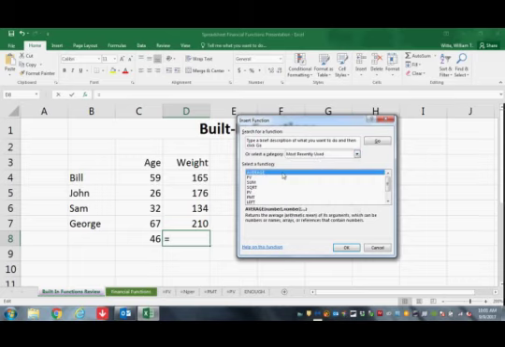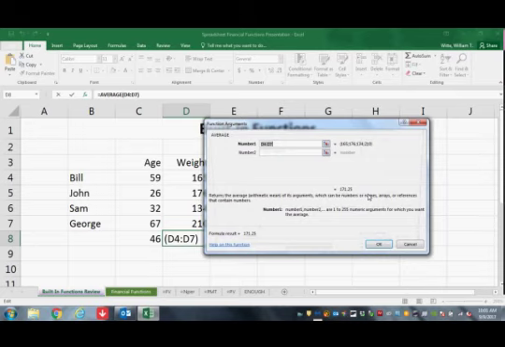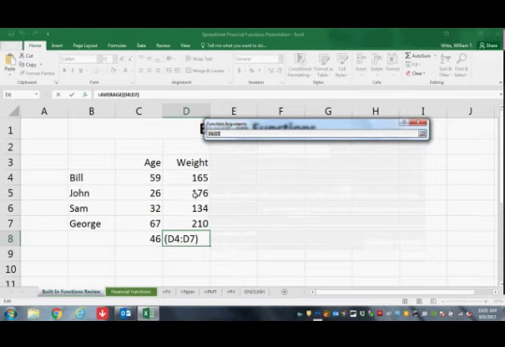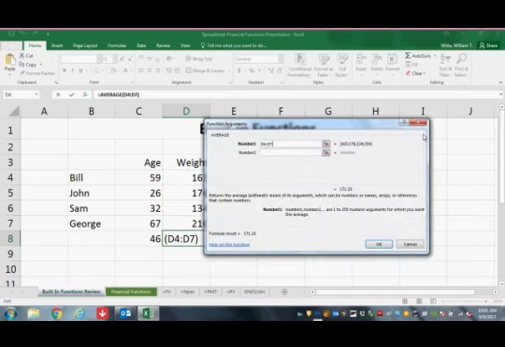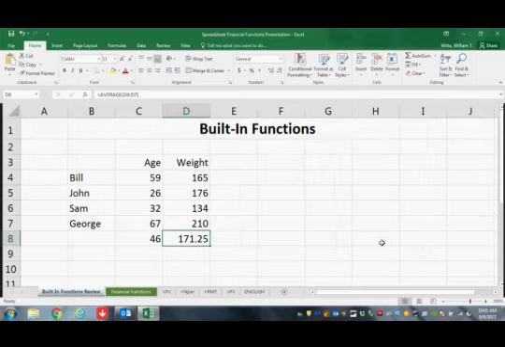But I'm going to pick average and say OK, and I'm going to point, so I'm going to use this button to send me to the spreadsheet, point to what I want the average of, and then come back using this button, which is supposed to be a picture of the function wizard, and I think I'm okay, so I'll click OK, and I have it.